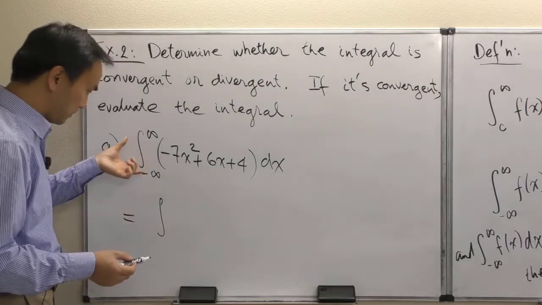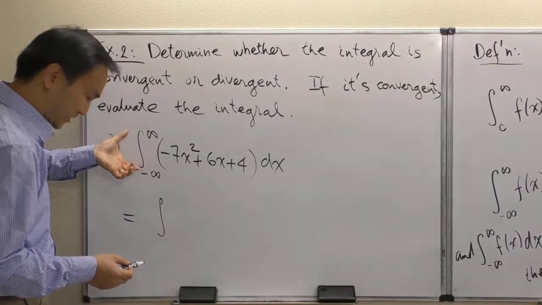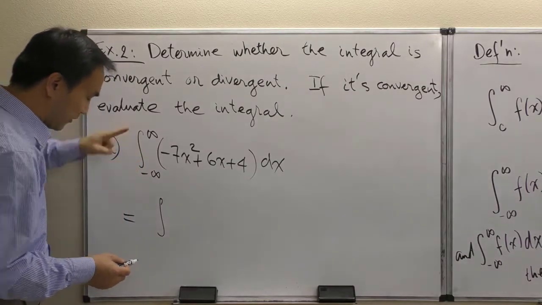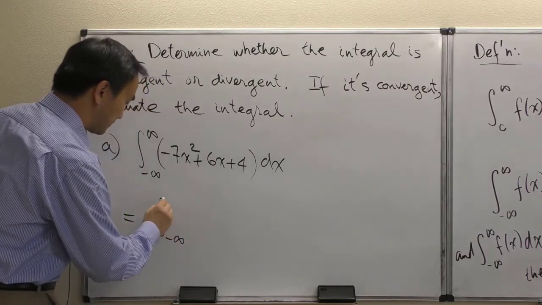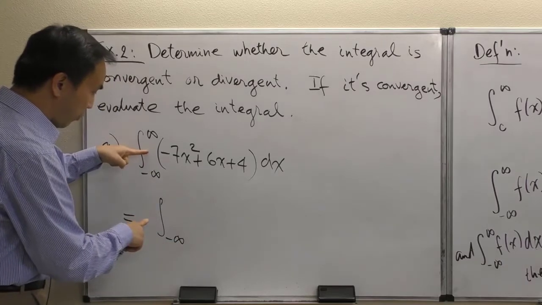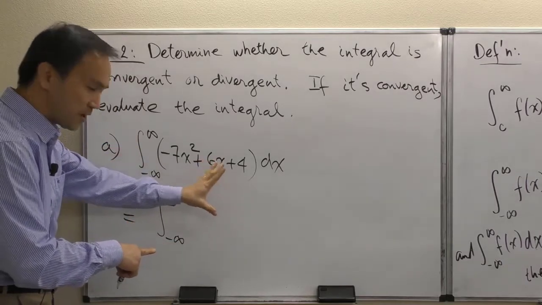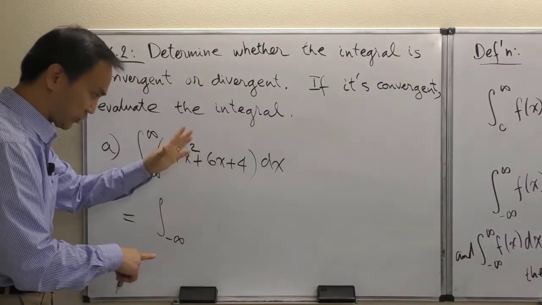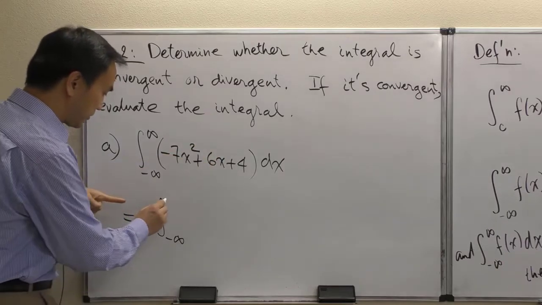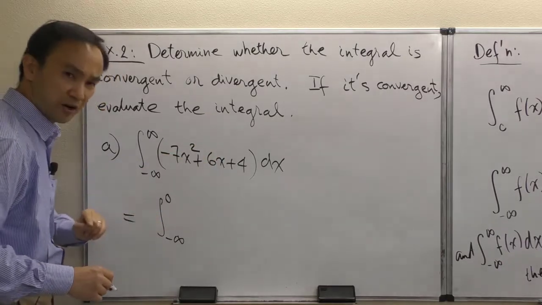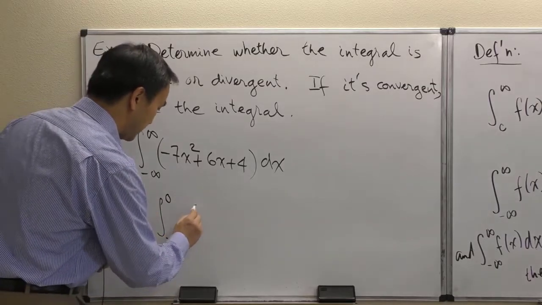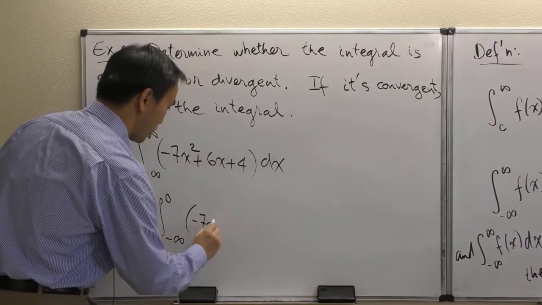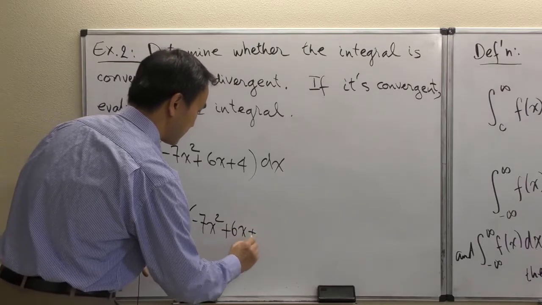But it's sort of like a plan. Okay, the plan here is that we want this integral from minus infinity to equal the sum of, and we can choose a point 0. This function is a polynomial of degree 2, right? So it should be a continuous function, and so I choose 0 here. So how about I break it down to minus infinity to 0 on this function, minus 7x squared plus 6x plus 4.